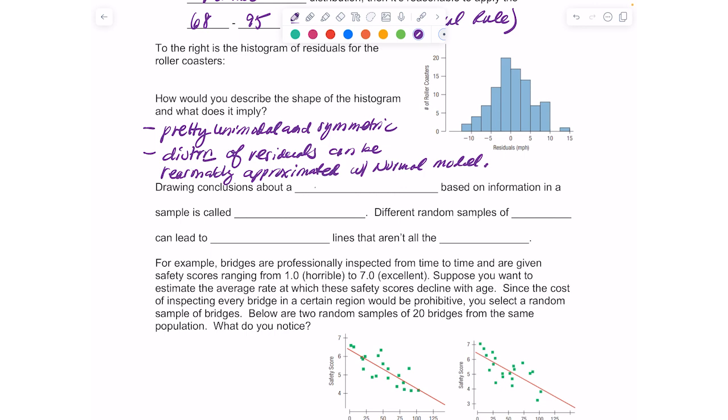Drawing conclusions about a population based on information in a sample is called inference. Different random samples of data can lead to regression lines that aren't all the same.